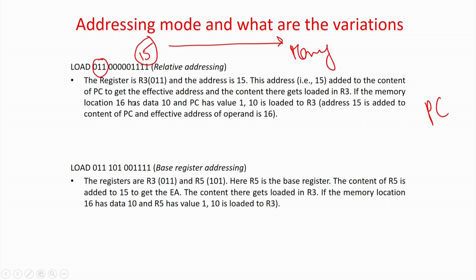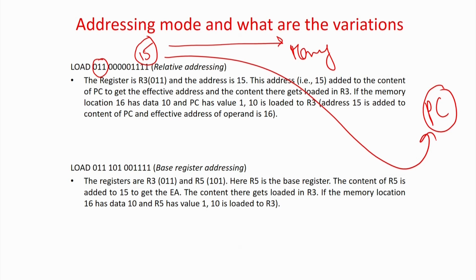The PC is by default one of the registers in the relative addressing mode. So, the 15 will be added to the content of the PC, whatever value the PC has, and the data at that memory location will be taken and loaded into register number 3.